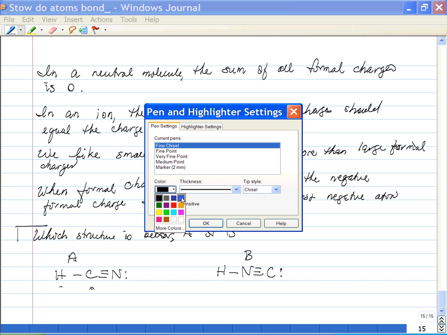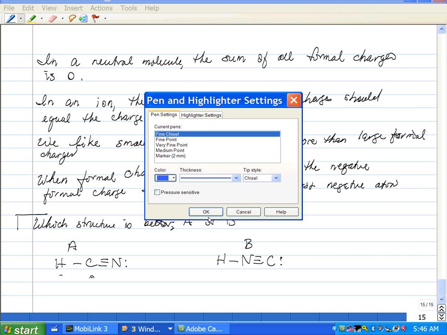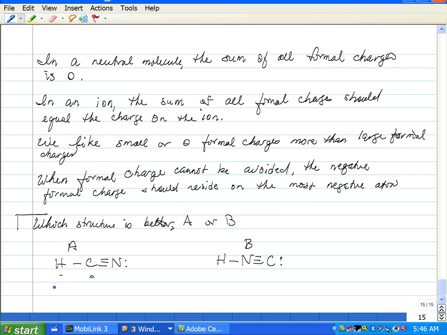It shares half of the bonded electrons here, which are 2. So basically we're saying 1 minus 1. The formal charge on hydrogen here is 0.